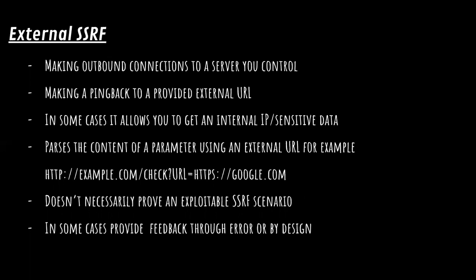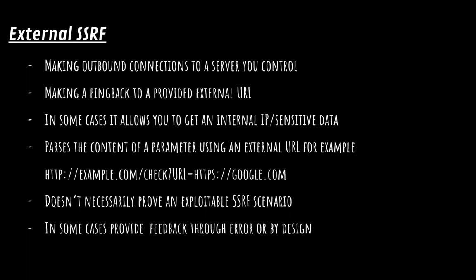You can view google.com from example.com, so it's pretty much like you're able to iframe google.com or view it from the website of example.com. It's like making a request, also making an outbound connection to google.com.